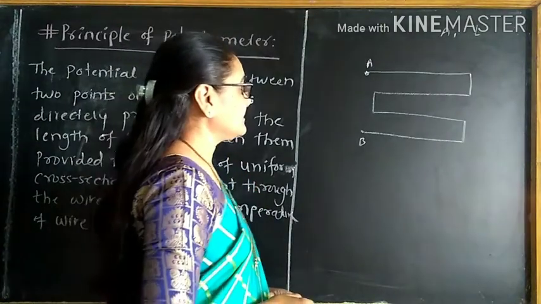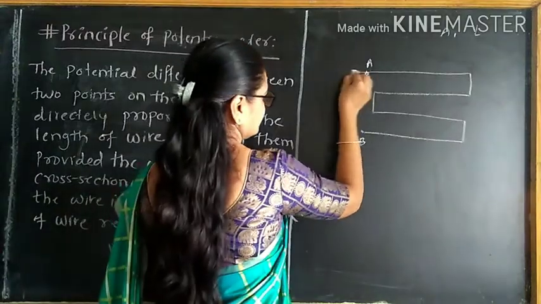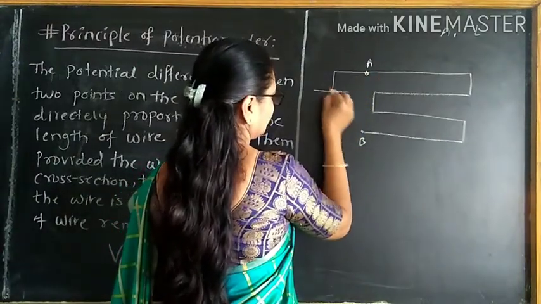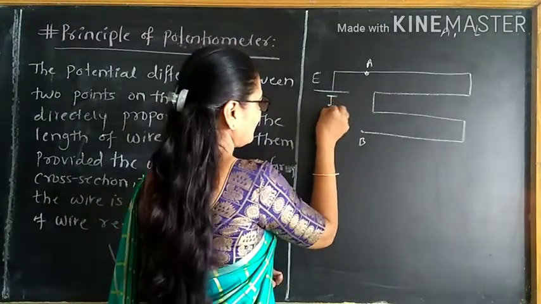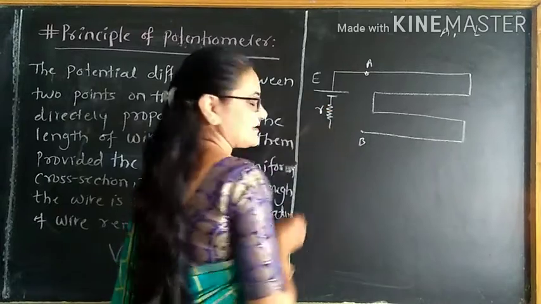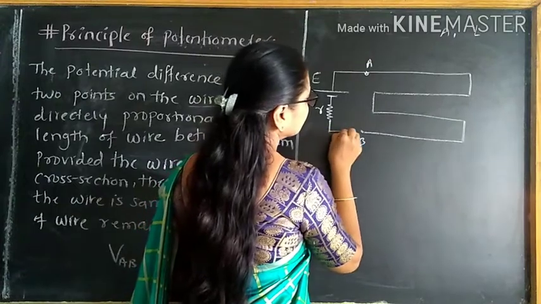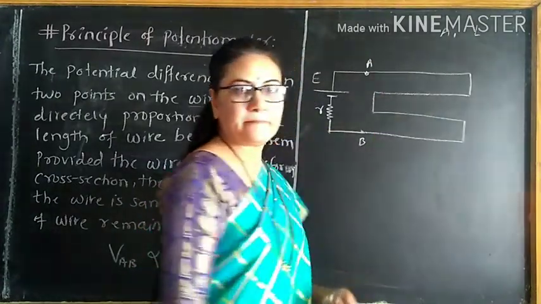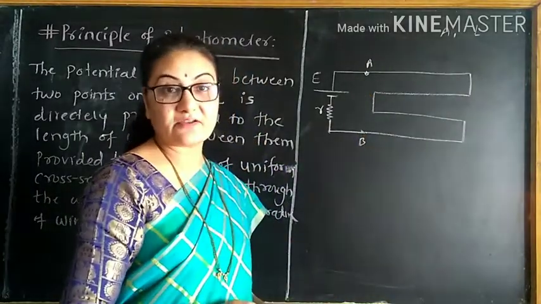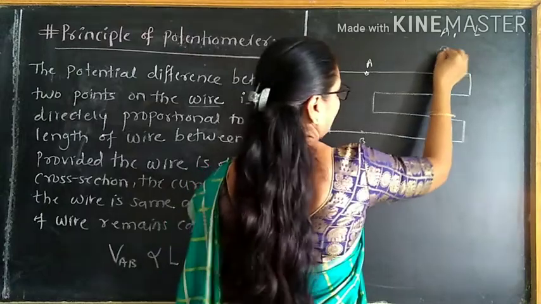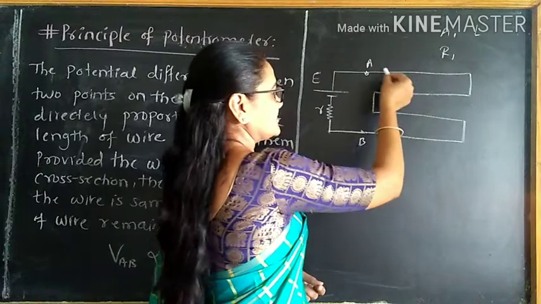Now, let us say a certain current. Suppose one source of EMF E, having very small internal resistance r, is connected to this wire, and suppose it is connected to the point B. Let me take a very long conducting wire AB of resistance R. A is the area of cross section, while L is the length of this wire AB.